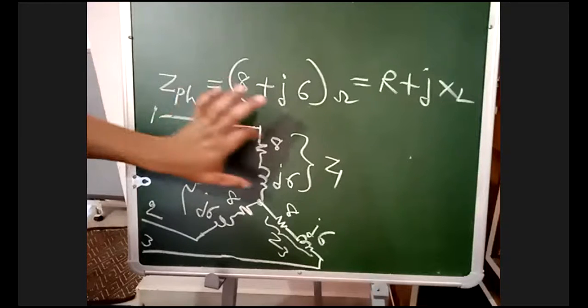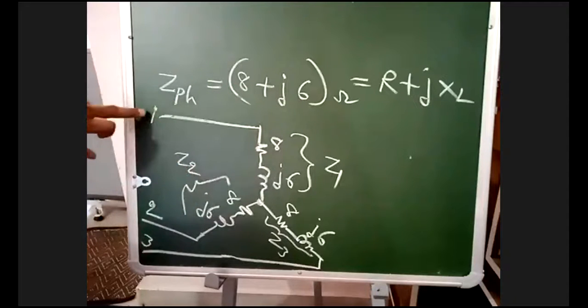See here, this is your Z1, phase 1. Z1 is connected to 1, Z2 is connected to 2, Z3 is connected to 3. Now we have drawn the diagram.